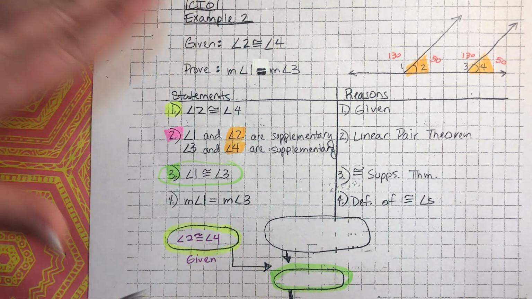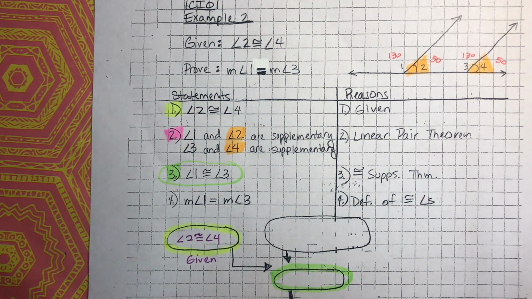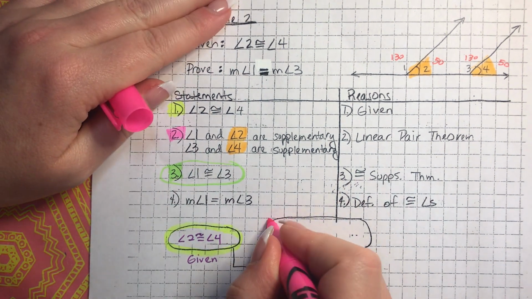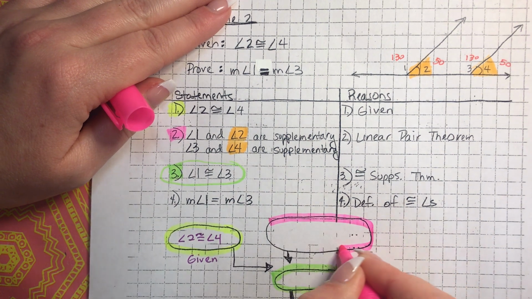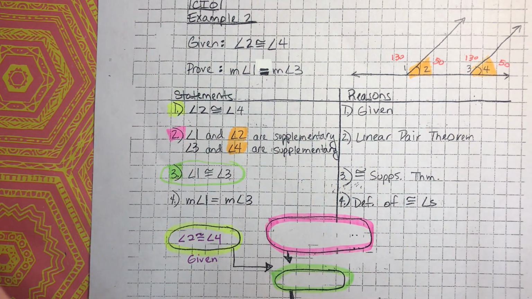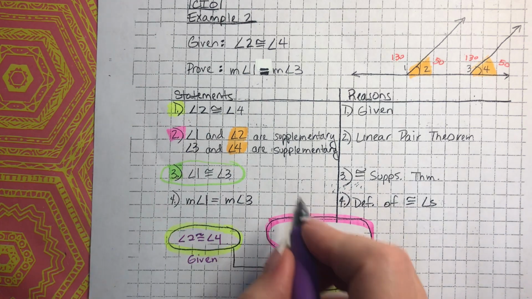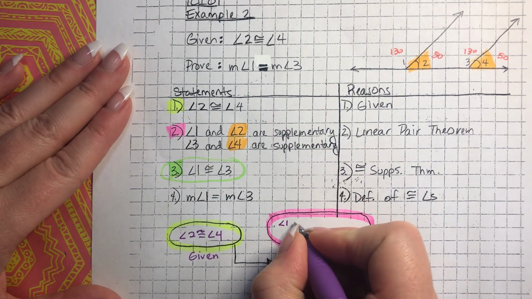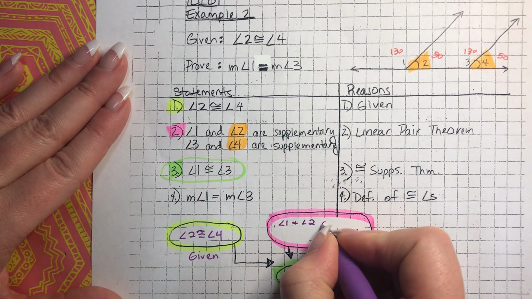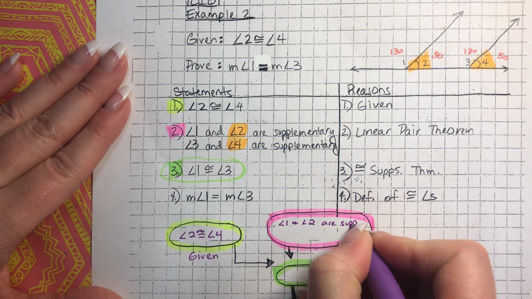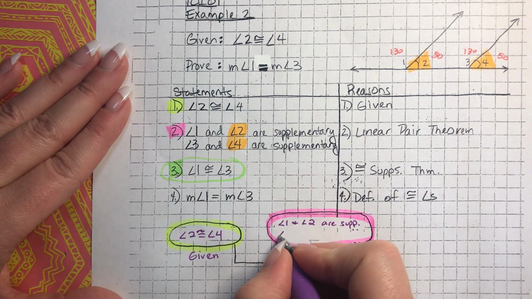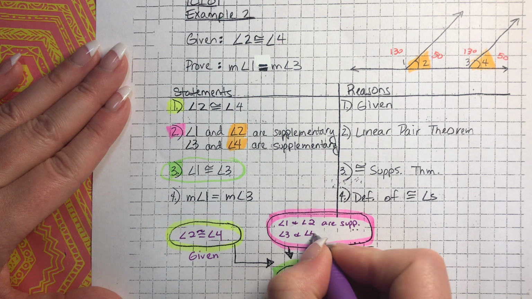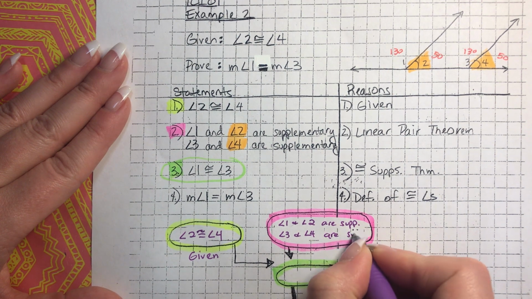And then we can put all this information in this one: angle 1 and angle 2 are supplementary, and then angle 3 and angle 4 are supplementary.